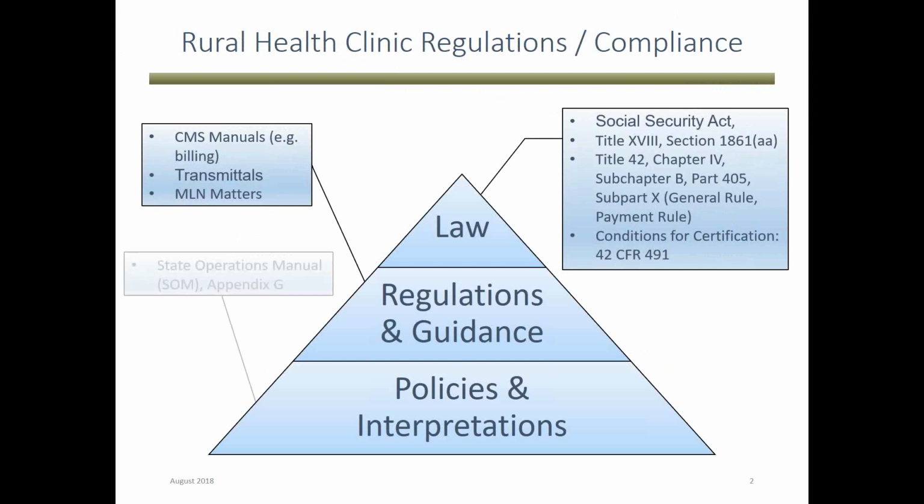Insofar as policies and interpretations, we're really talking here about what parties external to the RHC are looking for. Those would be found in the State Operations Manual, Appendix G, and we will look at all of these as we proceed.